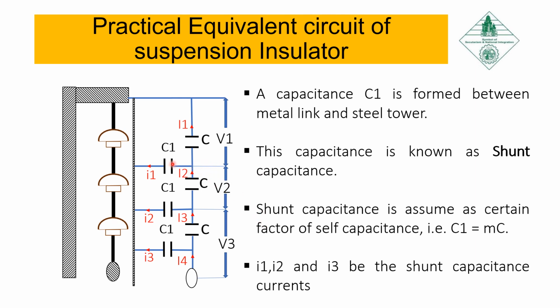This shunt capacitance carries currents I1, I2 and I3, making the current through the string non-uniform. Earlier it was uniform.